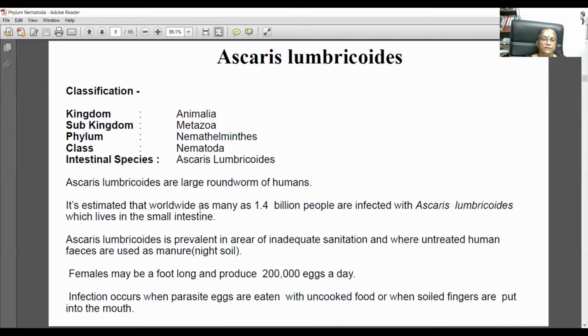This is also known as night soil. In many places you might have seen people go in the farms and excrete there, and in earlier times human feces were used as manure. Therefore, this type of infection was very common worldwide.